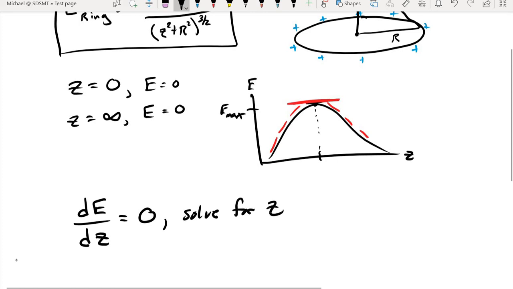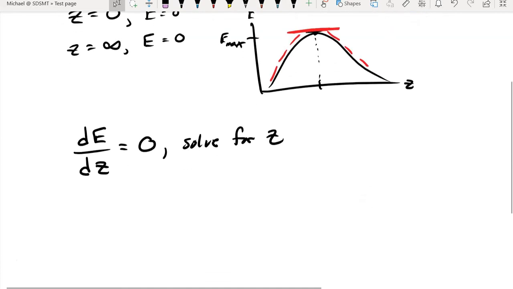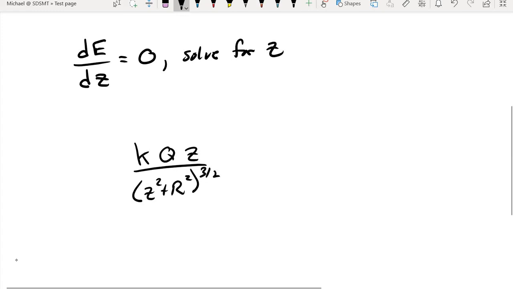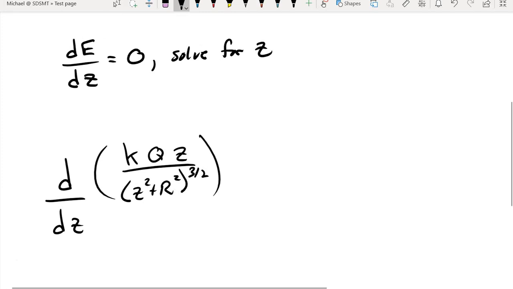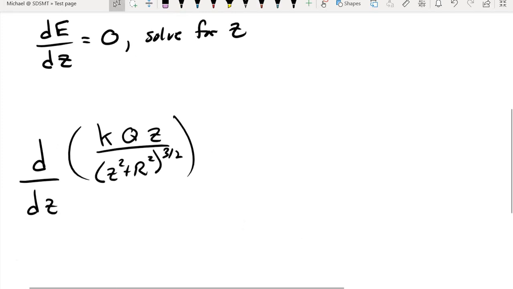and solve for z. So I'm going to bring the electric field function down here. It's our field function. And we need to take the derivative of this with respect to z. Now, z is going to be our variable.